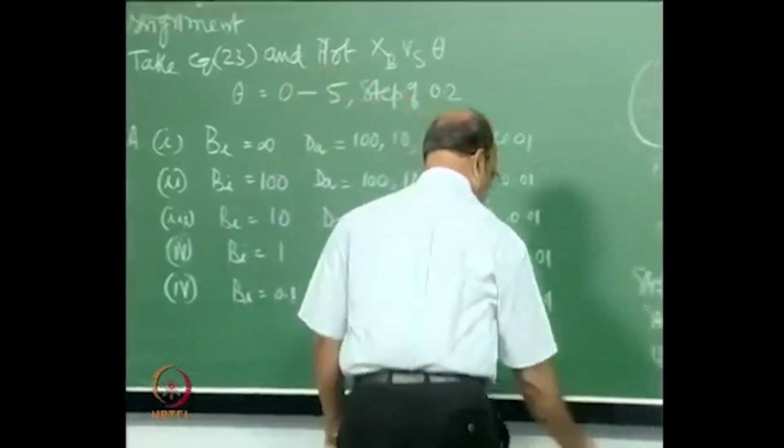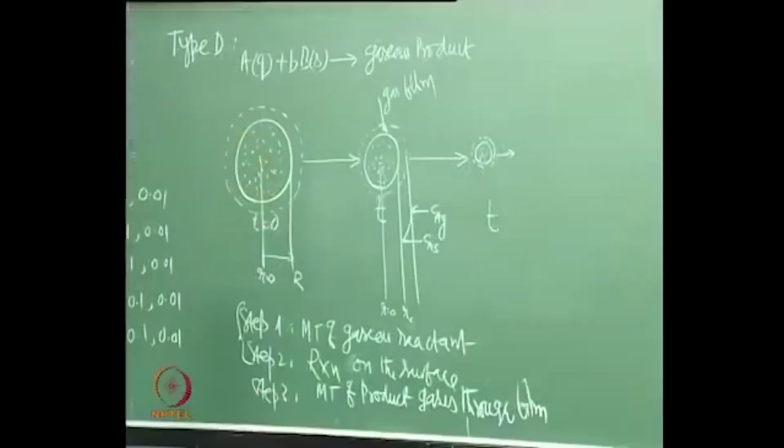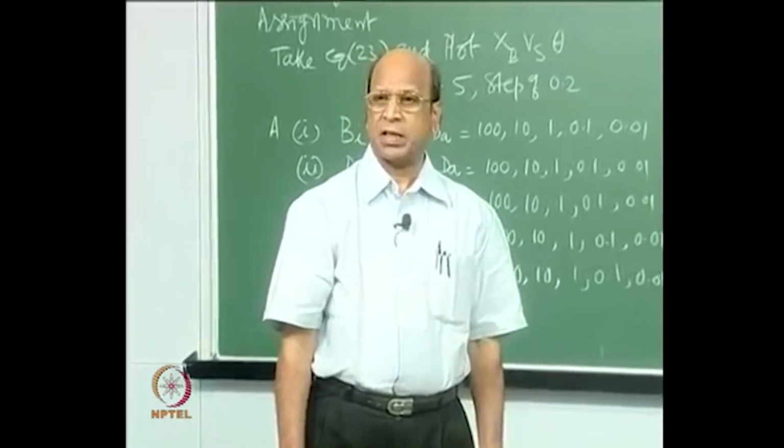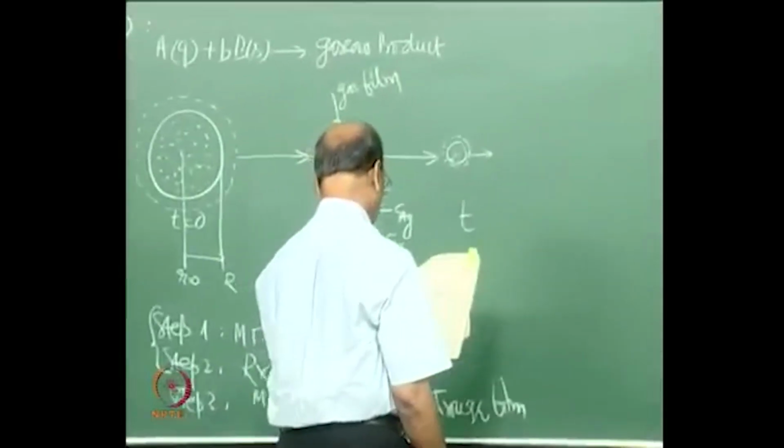So, that is why only these 2 steps we have to take, and at steady state the mass transfer of reactant A going through the film must be equal to the rate of reaction on the surface. That we know, we already are masters of that.